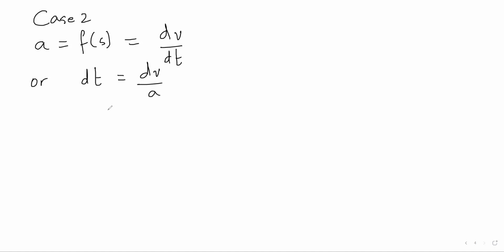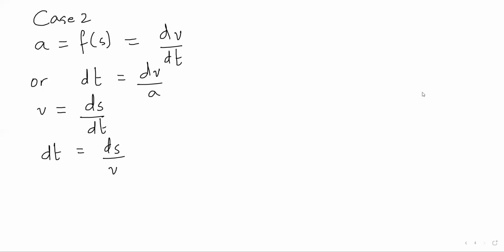So I will write, let's say acceleration is a function of position, but the problem is that the formula is the same, dv by dt. What can I do? Well, I can say dt is equal to dv by a, and I know that velocity is ds by dt. My whole objective will be to remove the time. And I will have dt equal to ds by v.